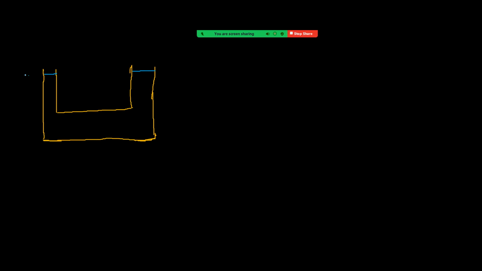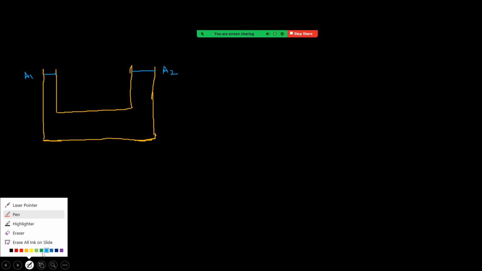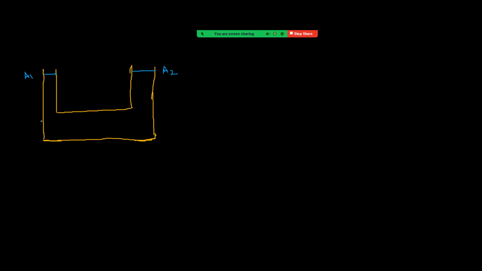Suppose this area is A1 and this area is A2. This is a liquid, that is water, which is incompressible. Now see, if we apply a force on the smaller piston, see what happens.